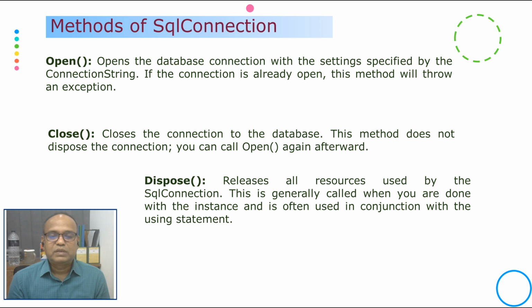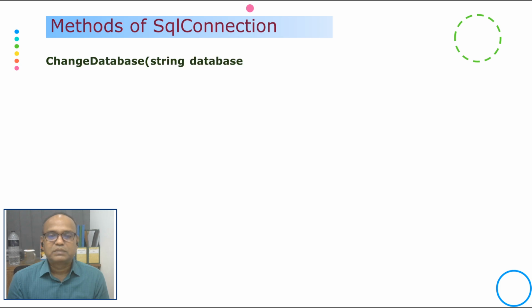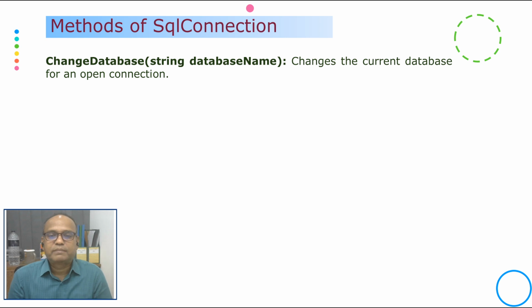Dispose releases all resources used by the SqlConnection. This is generally called when you are done with the instance and is often used in conjunction with the using statement. ChangeDatabase, string database name, changes the current database for an open connection.